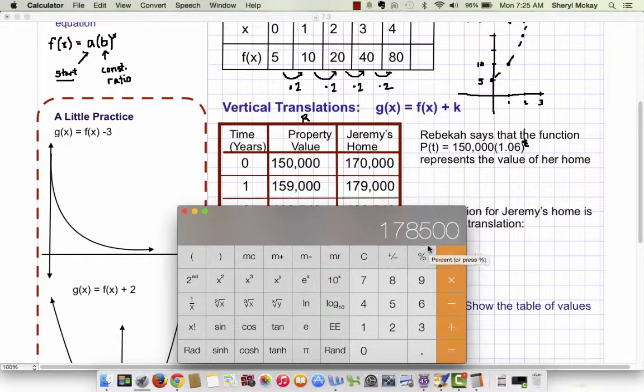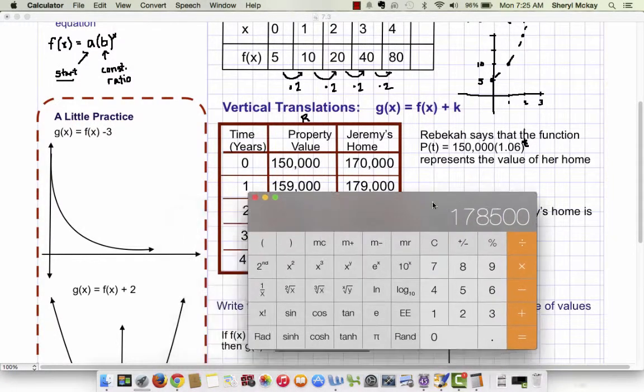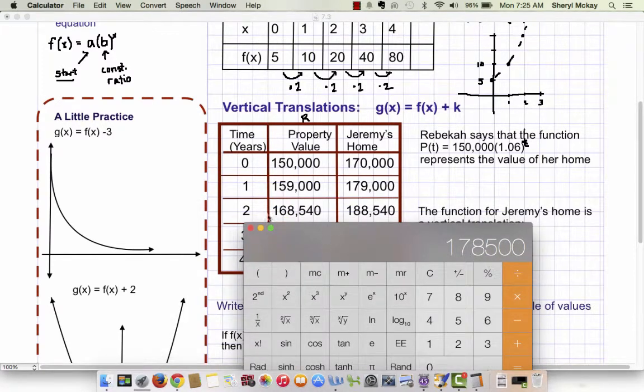But what happens if I take 179,000 and I multiply it by 5%? Am I going to get close to 188,000? Let me look. 188,540 times 1.05 equals... 5% of 179,000 is 197,000.